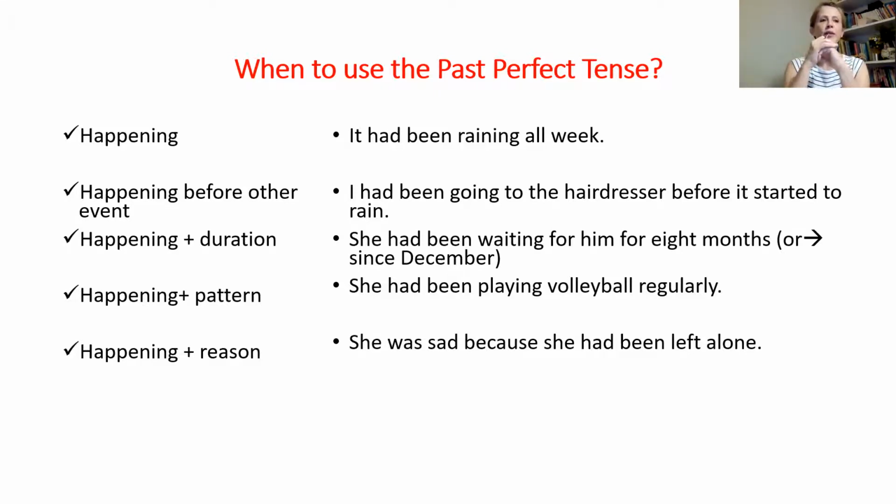We also use the past perfect tense if something that had been happening was happening on a regular basis, like she had been playing volleyball regularly. Or to describe an activity that had been happening plus the reason or the cause. She was sad because she had been left alone. We are informing the listener about the cause of it.